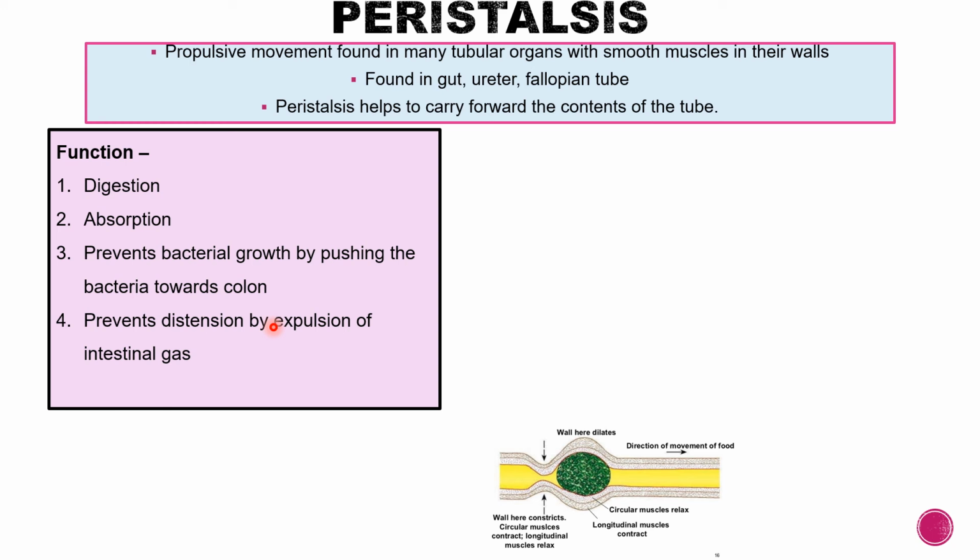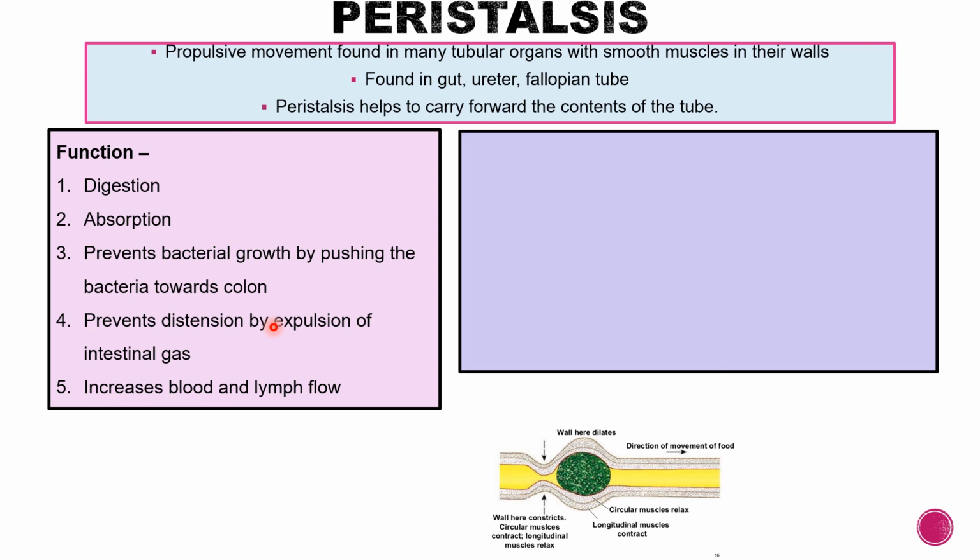There is accumulation of lots of gas. We will talk about this in the next class, but just know that due to this gas, distension can occur, so the gas has to be removed. This is removed by peristalsis. And it also increases blood flow and lymph flow.